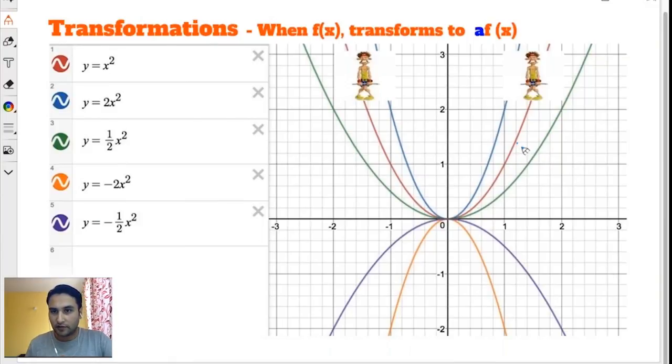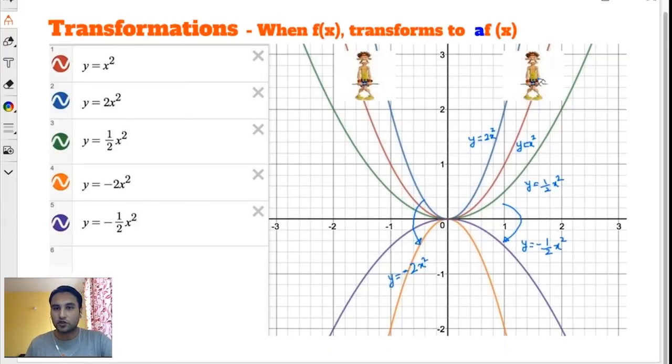Y is equal to x square got pulled up, which is 2x square, got pushed down, which is half x square, got inverted, this is minus half x square, this got inverted, this is y is equal to minus 2x square.